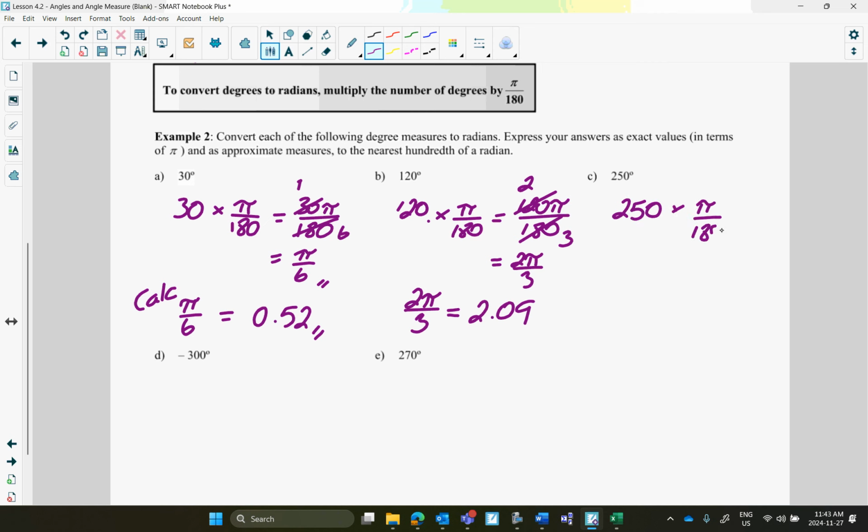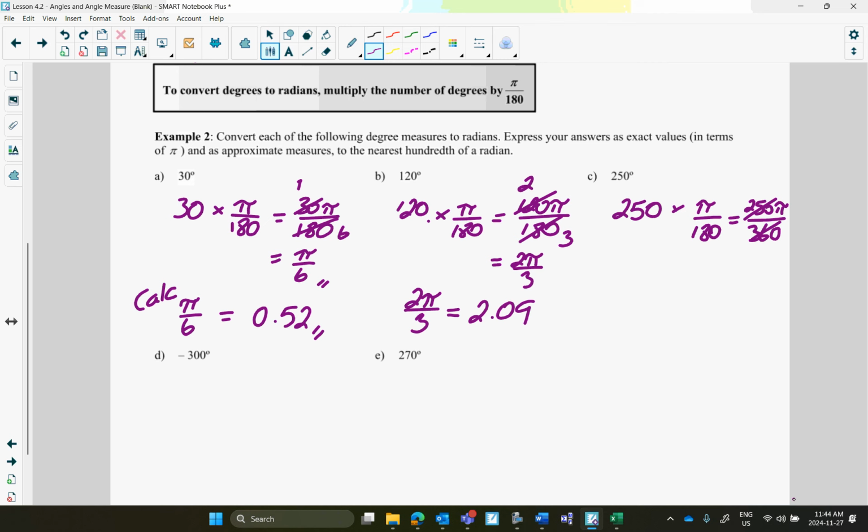This would be the same thing, so we get 250 pi over 360, which will be able to be reduced because they both end in zeros. What do you think about this one? What do I reduce it by?